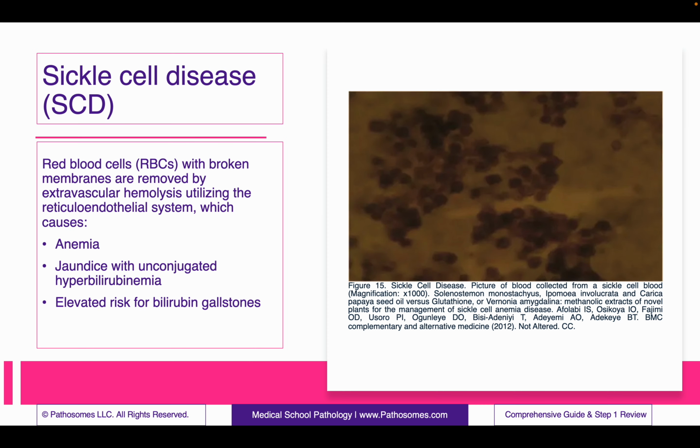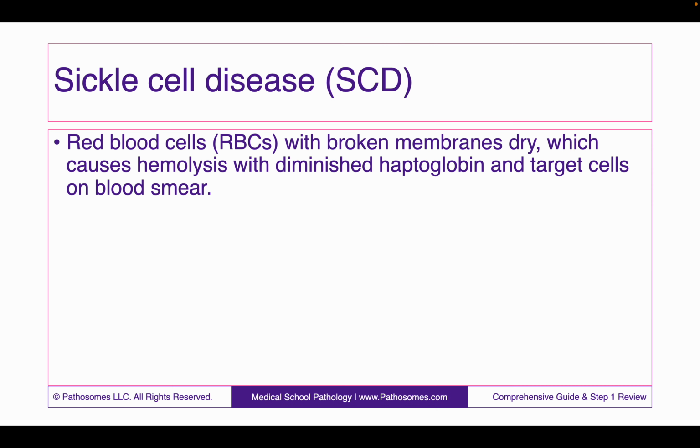In sickle cell disease, red blood cells with broken down membranes are removed by extravascular hemolysis, utilizing the reticuloendothelial system, which causes anemia, jaundice with unconjugated hyperbilirubinemia, and elevated risk for bilirubin gallstones. Red blood cells with broken membranes dry, which causes hemolysis with diminished haptoglobin and target cells on the blood smear.